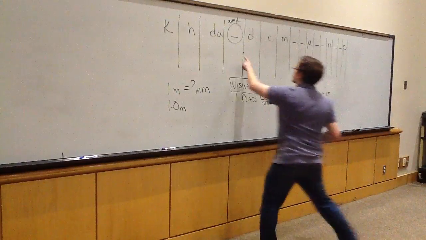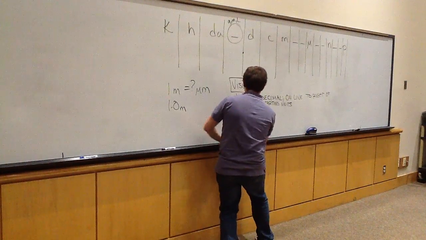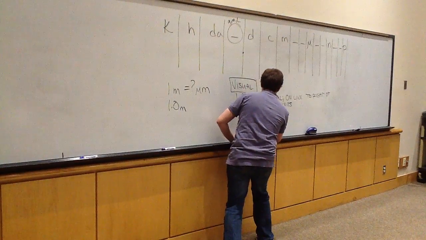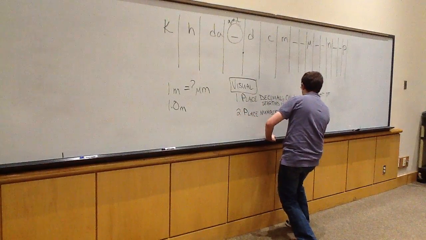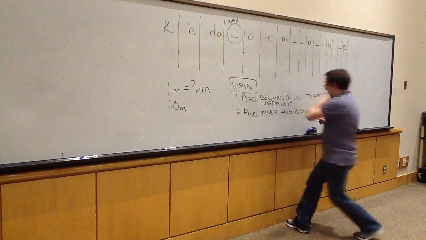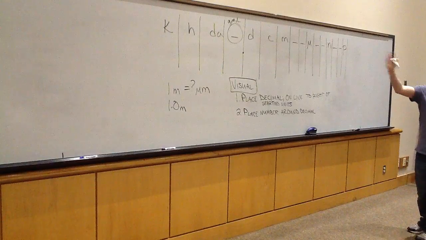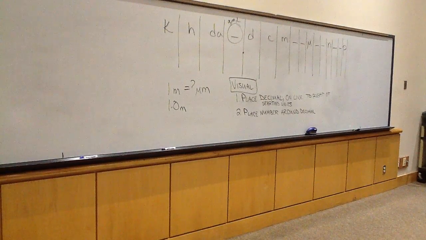So we place our decimal, and now the next thing I want to do is place the number around the decimal. So what this means is I want to recompose my number around that decimal, and there's a catch. You can only put a single digit under each prefix.